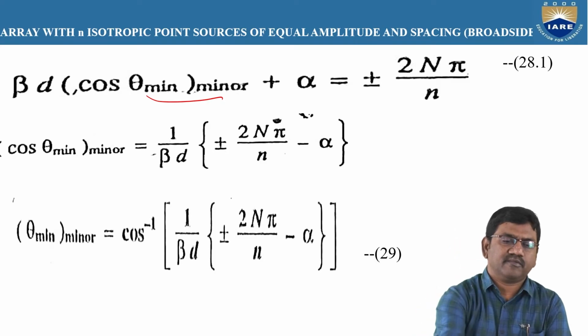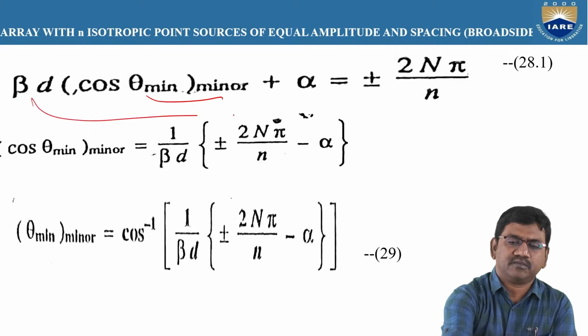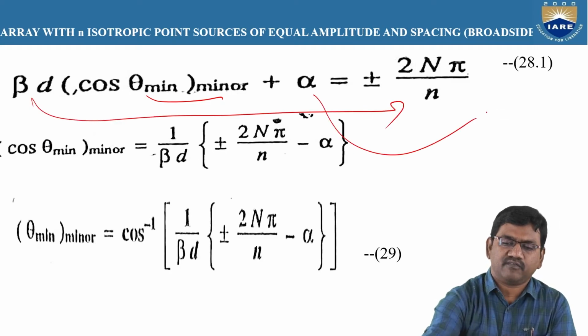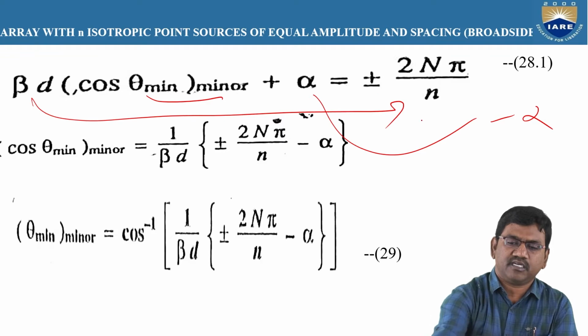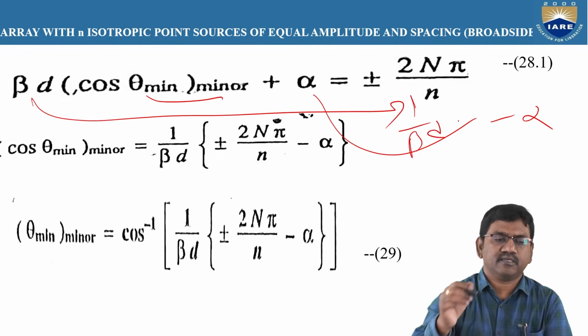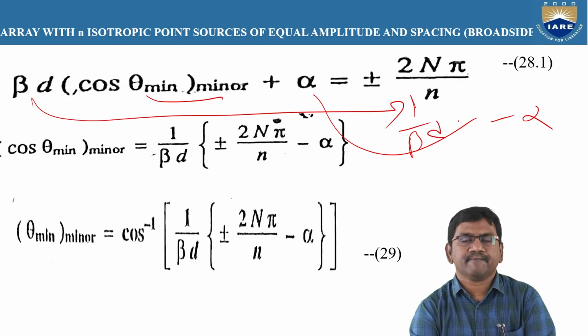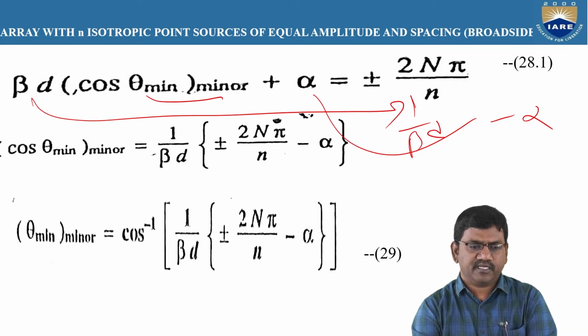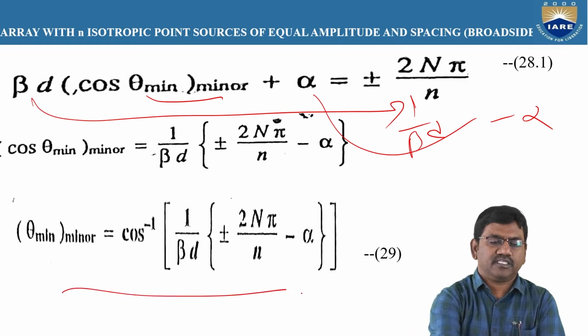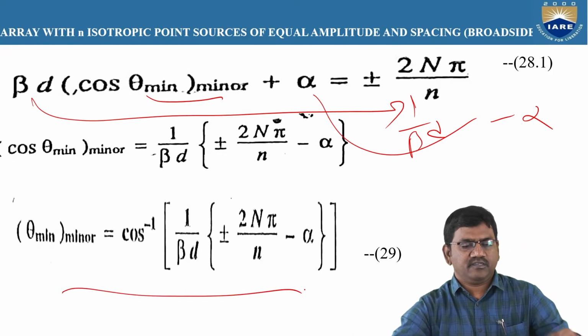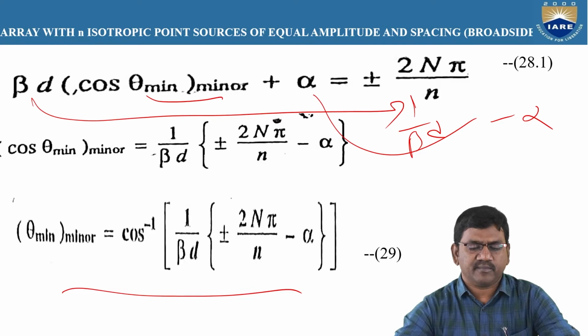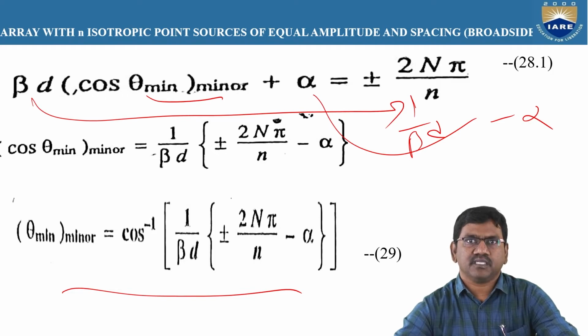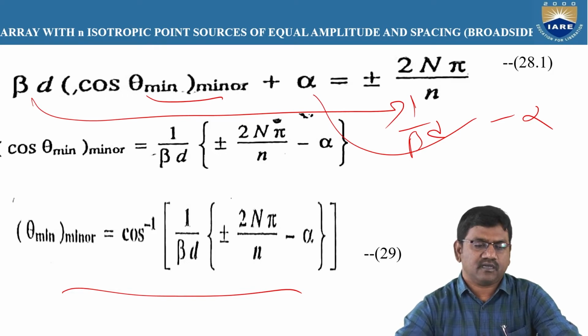Now from this expression you bring beta d to the right hand side, alpha becomes minus alpha, and beta d becomes 1 by beta d. So by simple mathematical analysis, theta min minor is cos inverse of 1 by beta d into plus or minus 2 n pi by n minus alpha.